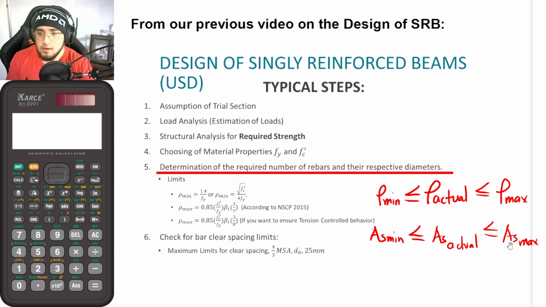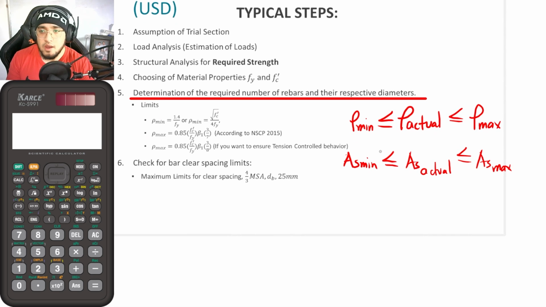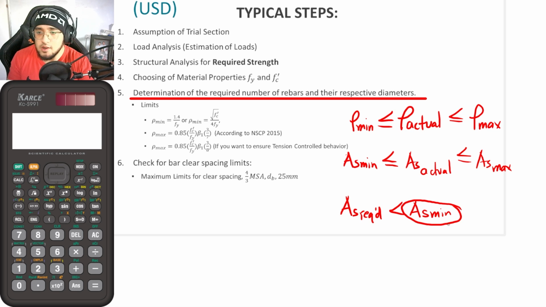In a situation wherein the required area is less than the minimum steel area, you will round up and make use of AS min as your AS actual. So in this situation, your AS actual is equal to AS minimum.